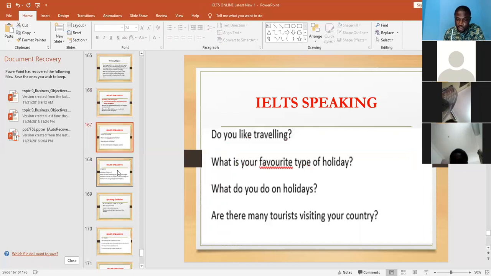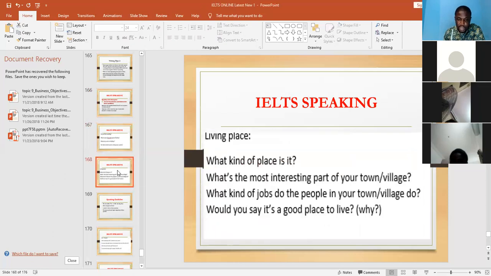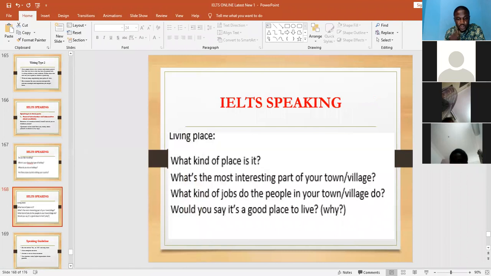Information about yourself. Okay, this is another type of question. This one is dealing with the place you live. What kind of place do you live in? What's the most interesting part of your town or village? So any question there is about you in relation to any particular topic.